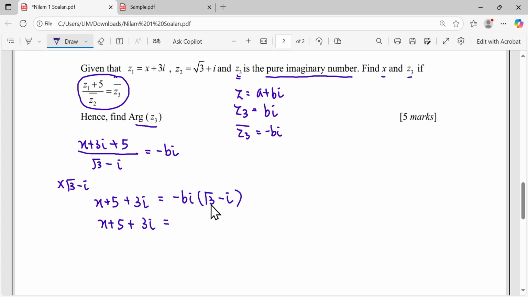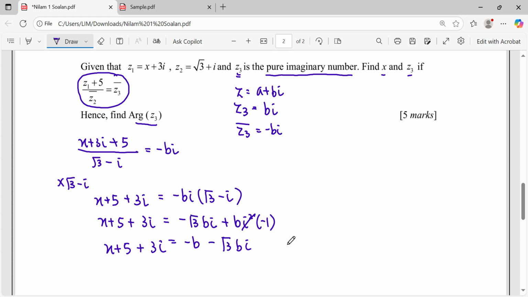So expand, it gets us negative 3bi. Expand, negative negative becomes positive, bi squared simplifies to be negative 1, so real part is negative b. Alright, real part is negative b, imaginary part is negative 3bi.